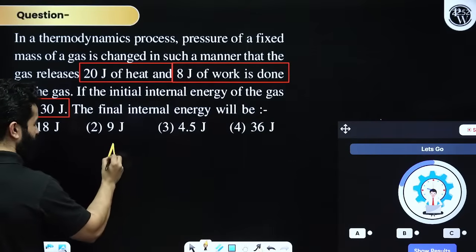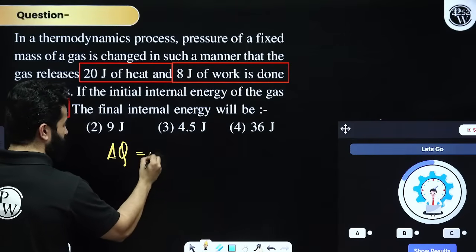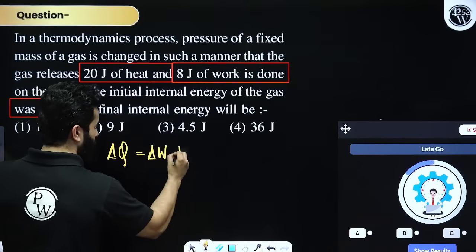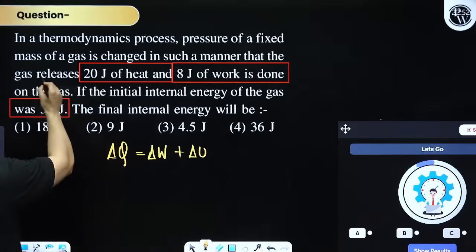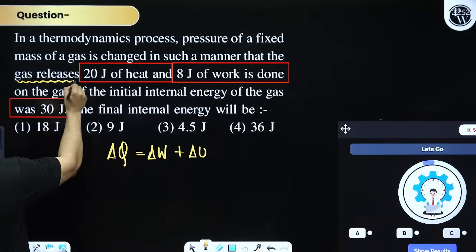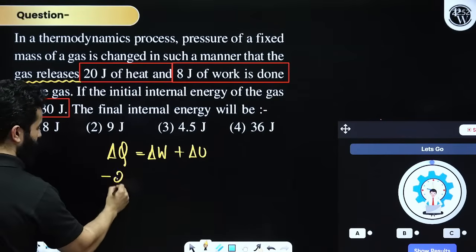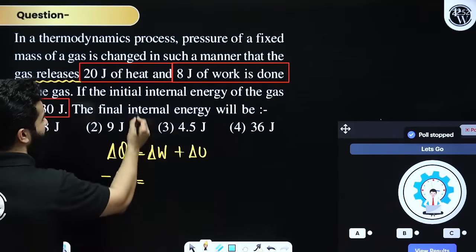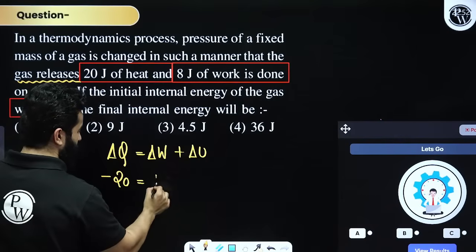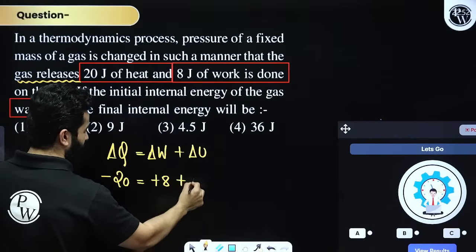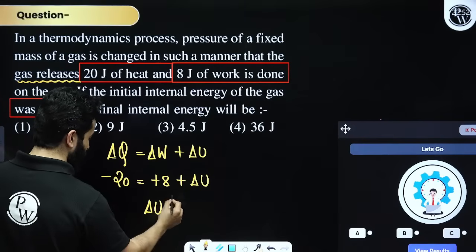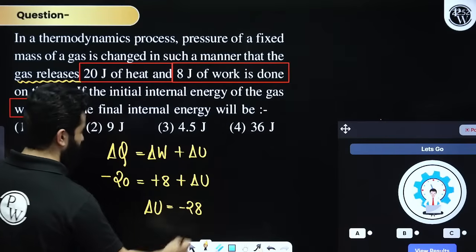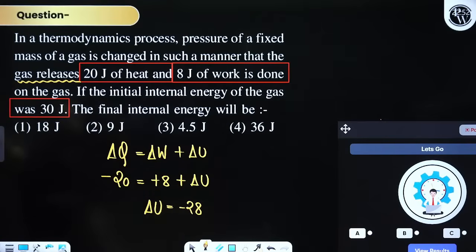Use delta Q equals delta W plus delta U. It releases 20 joule, so this is minus 20. Work is done on the gas, so plus 8, and then plus delta U. So delta U will be minus 28. Clear? Is it fine?